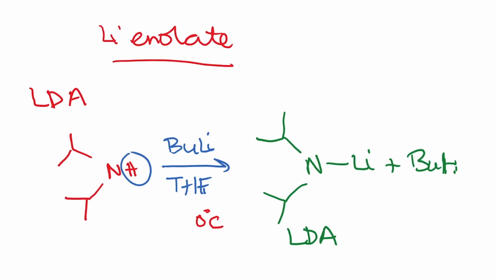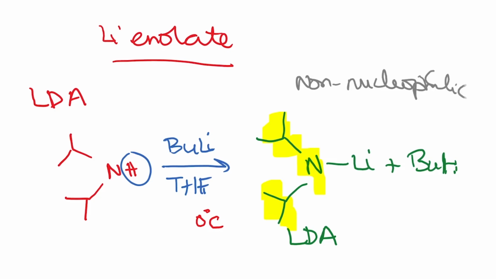The important thing about LDA is also that, because of these two diisopropyl groups, this nitrogen is not a nucleophilic center. It is considered a non-nucleophilic or poorly nucleophilic base. The idea here is that you don't want this to react as a nucleophile, you would much prefer that it reacts as a base. So this is one of the examples of a non-nucleophilic base.